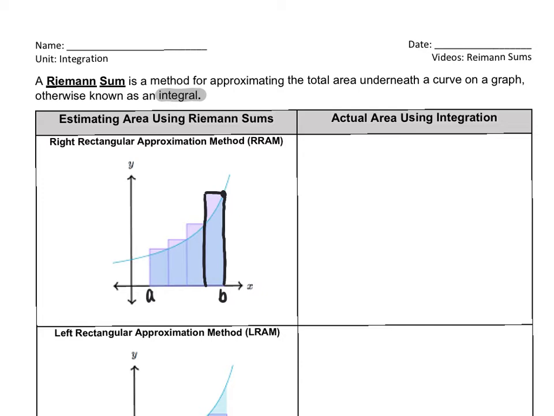Then you would go up from that rectangle to the right point of the curve and draw over your second rectangle. Then for your third rectangle, you go up to the right point of the curve, go right over, and then down. And then the last one, up to the curve from the right side and then over.